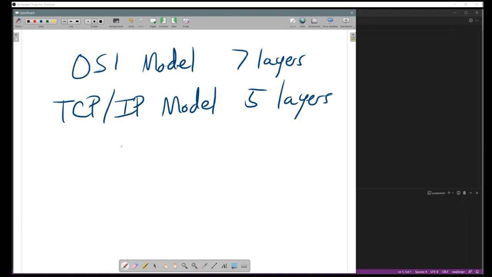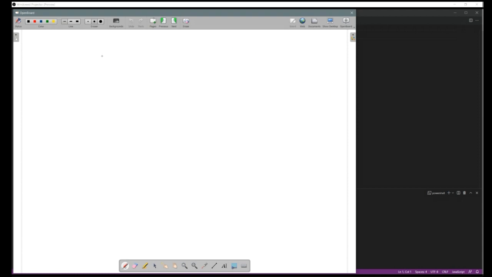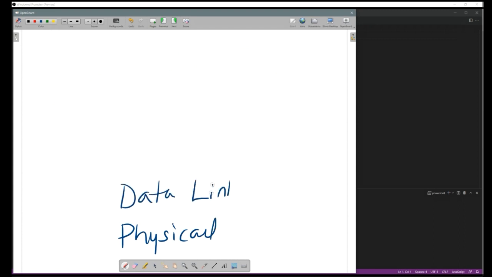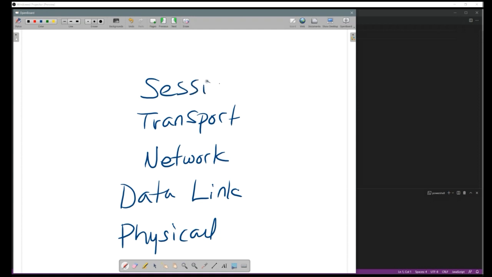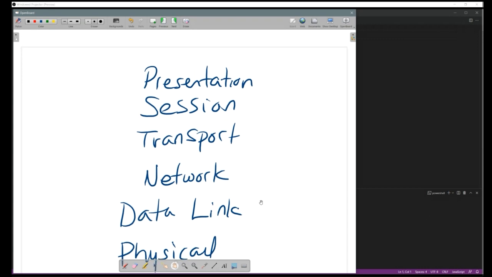So the layers themselves are the physical layer on the bottom, the data link layer one above that, the network layer, the transport layer, the session layer, the presentation layer, and the application layer on the top.